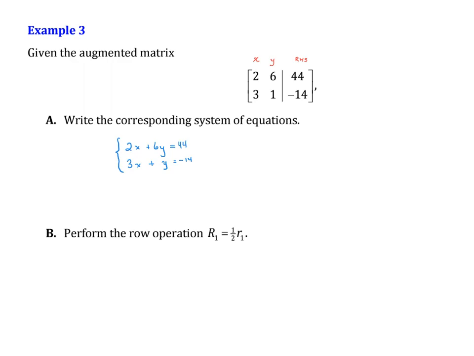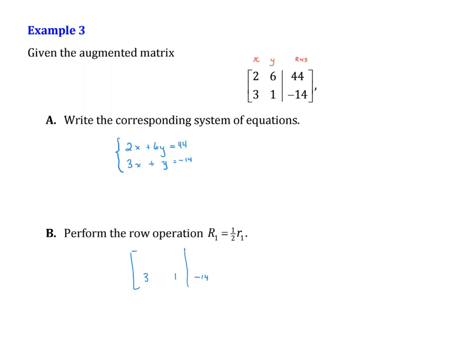Now what we're going to do in part B is replace row 1 with 1/2 of the original row 1. Notice we're not replacing row 2, so row 2 will stay the same. We'll have 3, 1, -14.